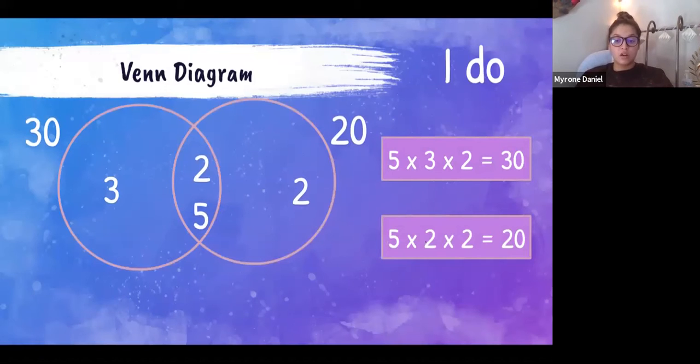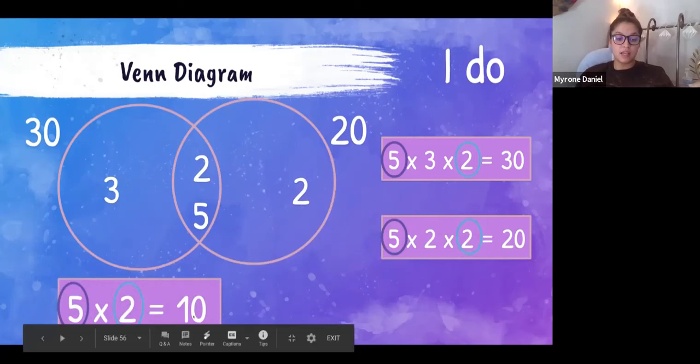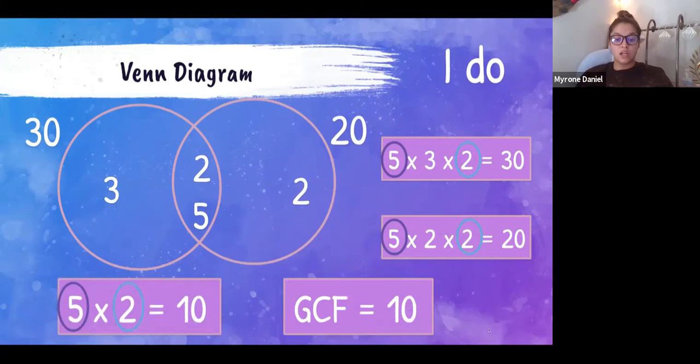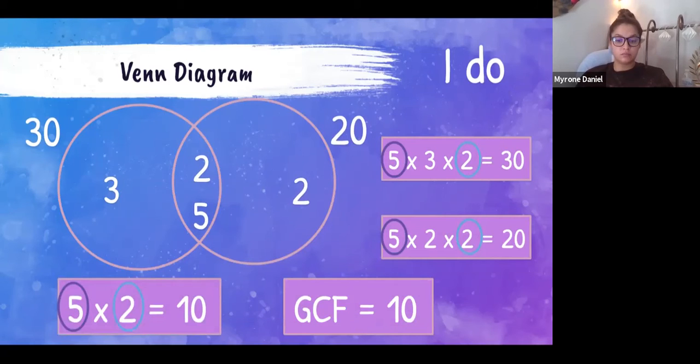We see the common number 5 right here, and we see the common number 2. So 5 times 2 is 10, because we need to find the greatest common factor between them and multiply the middle numbers. So the GCF, or greatest common factor, of 30 and 20 is going to be 10.